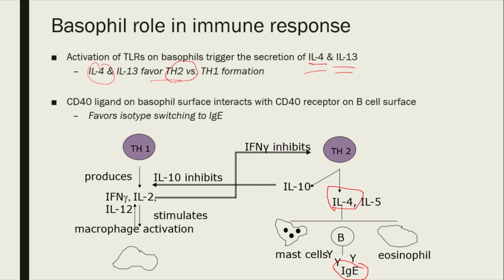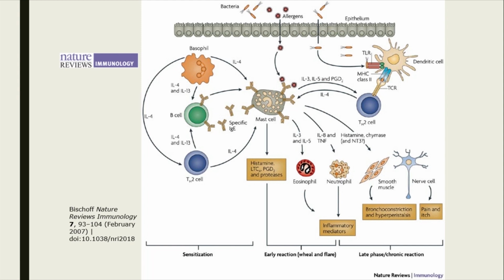On top of the interleukins, there are also CD40 ligands on the basophil cell surface that can interact with CD40 receptors, which also contributes to isotype switching to IgE.